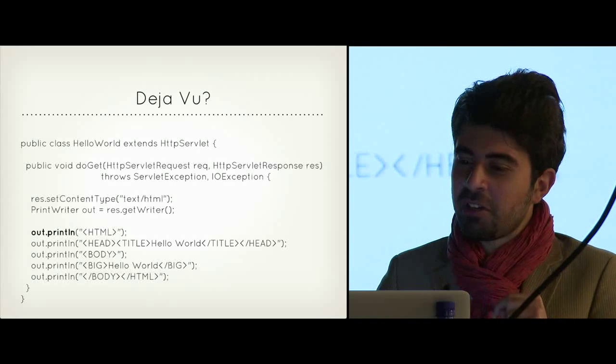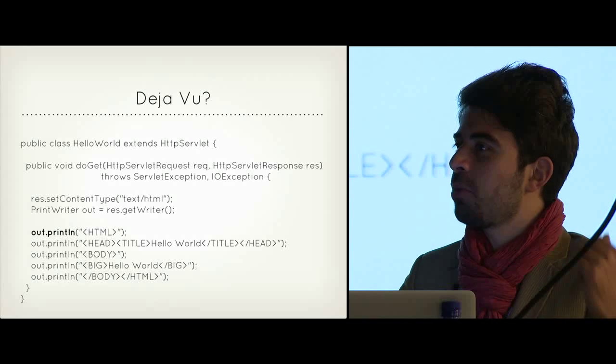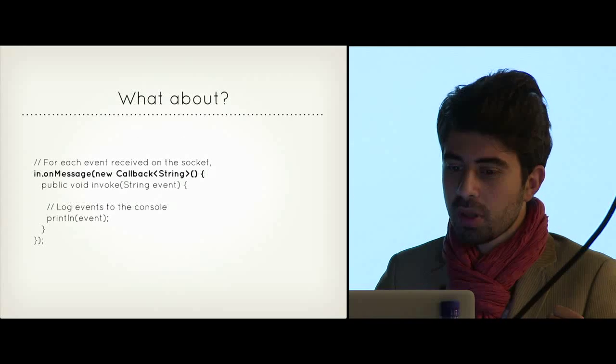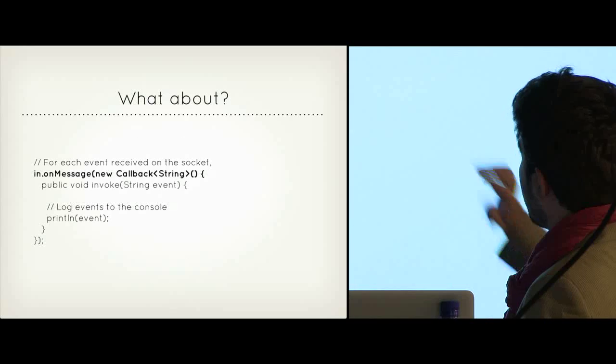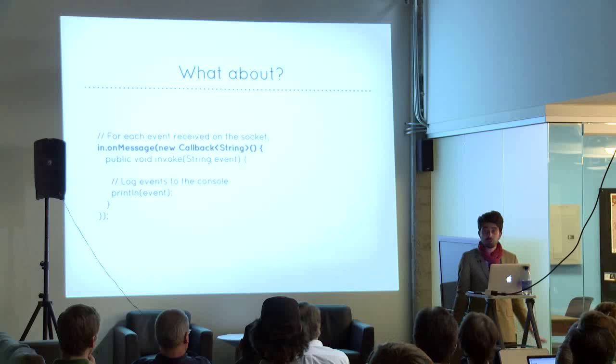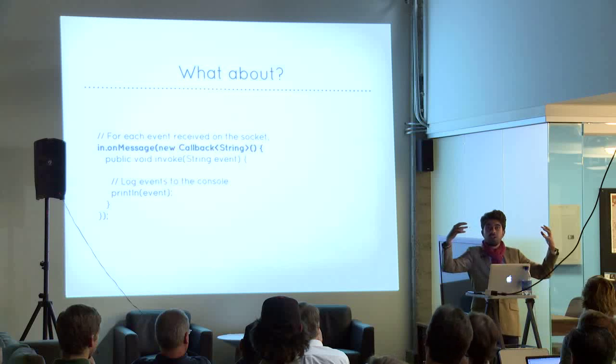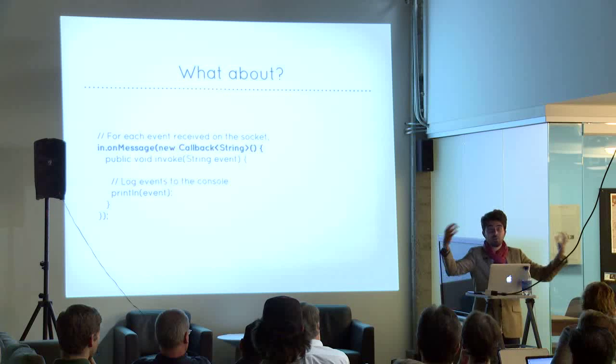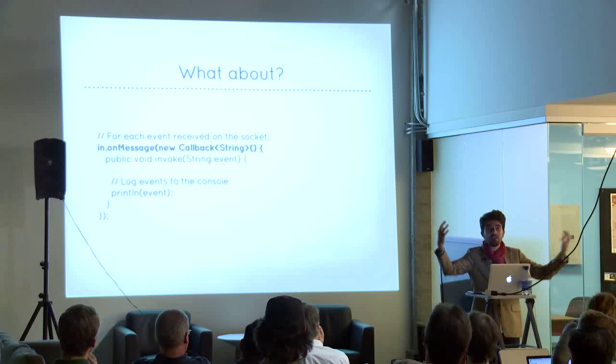And I have an even better proof that we're going backwards. The same thing here, we got onMessage, which is a kind of callback. Now what happens if I have two streams, so two messages? How can I say I'm waiting for these two messages to be able to produce something? I want to combine these two streams.